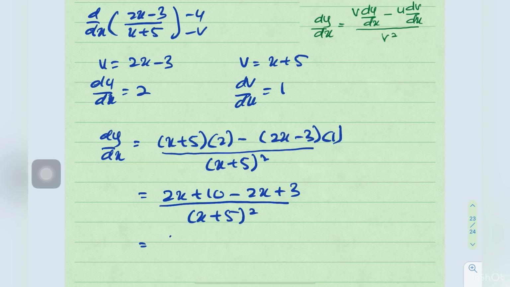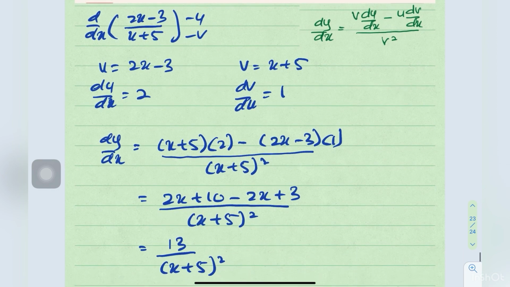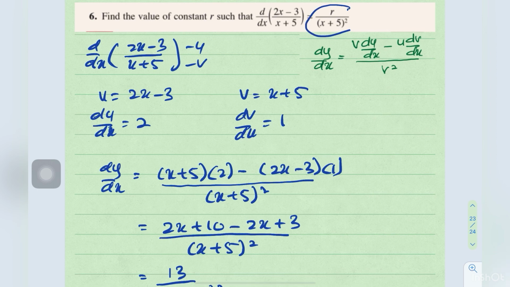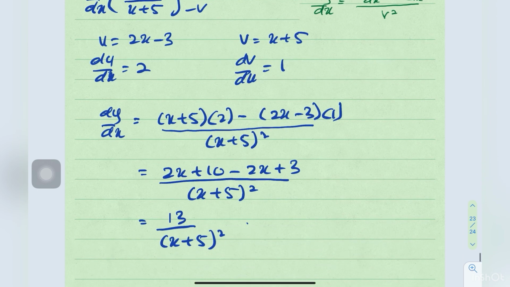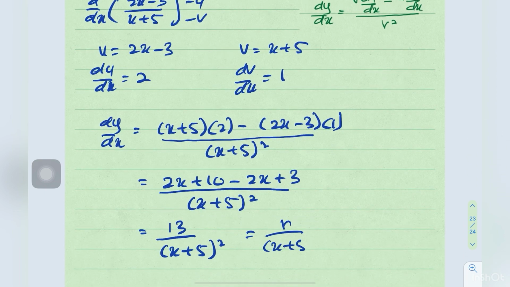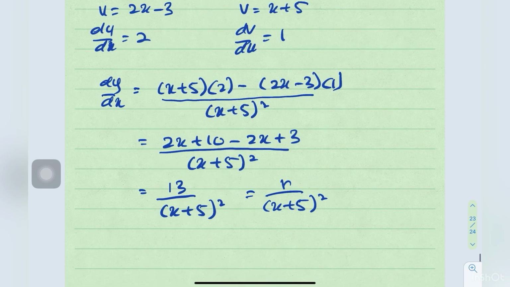So 10 plus 3 is 13 over (x plus 5) to the power of 2. Okay, so now this one we compare with the given. So this one equals r over (x plus 5) to the power of 2. So therefore r equals 13.